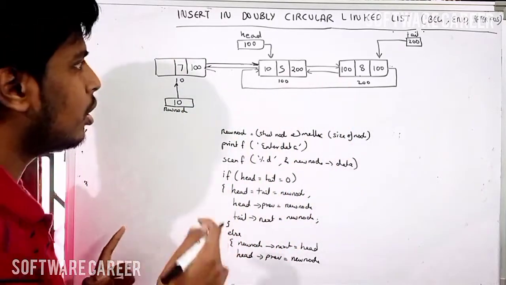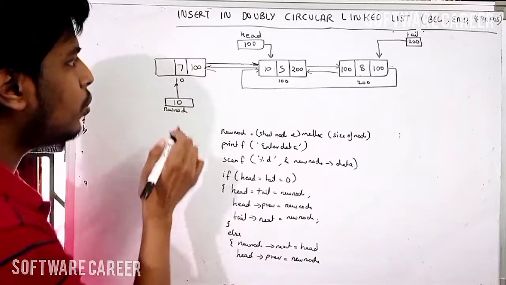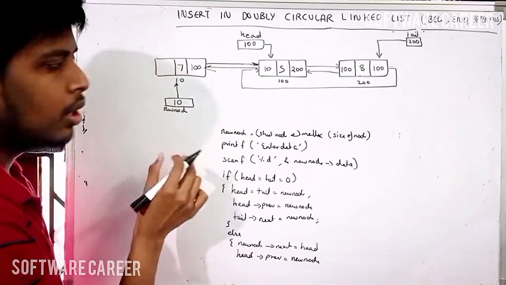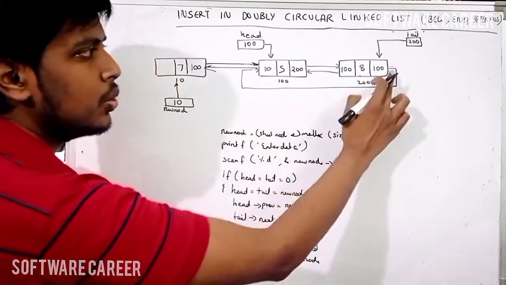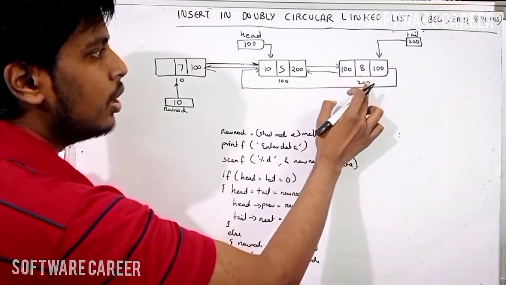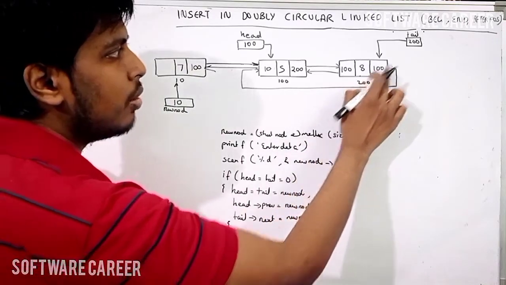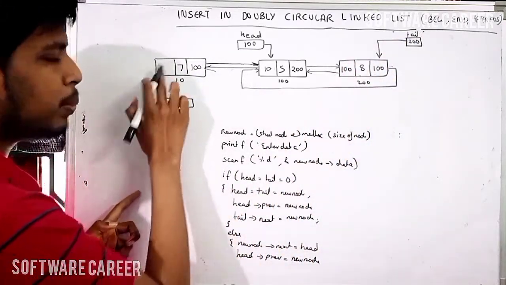You should make it circular. How to make it? This is the previous pointer of this new node. In this previous pointer I should store the address of the previous node. But now this will be the first node, so the previous node will be the last node when you make it circular. The last node address is 200. I should store 200 here. How to get 200? You can get it from tail. So how to access this pointer? New node previous.